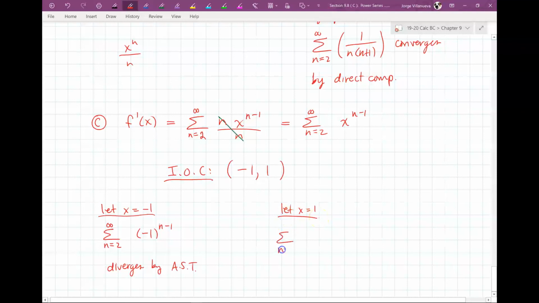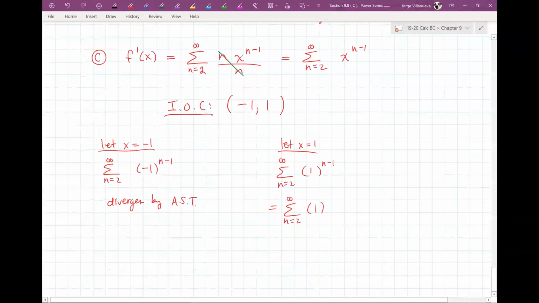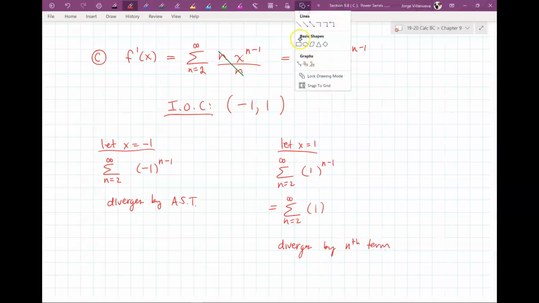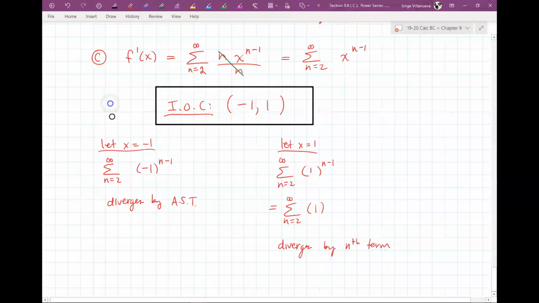Well, this becomes a 1 to the n minus 1, which is essentially just 1. Does that converge or diverge? By what test? By the nth term test. Okay, diverges by nth term. So, thankfully, we're done.